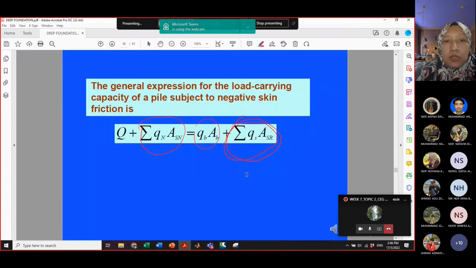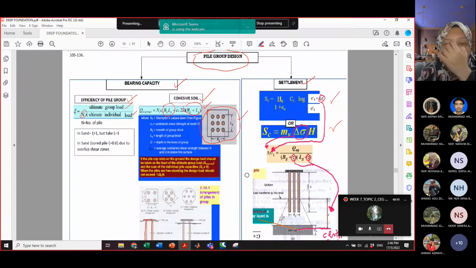Okay, the next one is on the settlement and also the pile group. Just now I explained the single pile capacity. So now, how to estimate the bearing capacity of the pile group. When talking about the pile group, last time the speaker also mentioned how we combine a few single piles in a group.